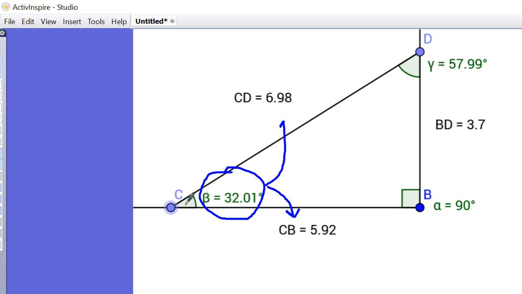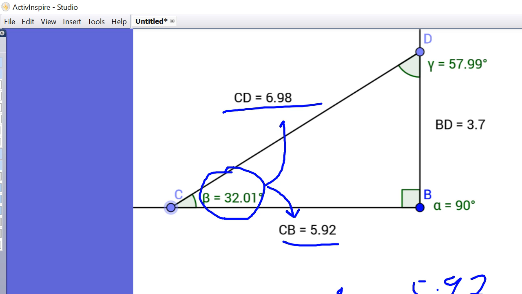But cos from 32 degrees is always going to have a ratio of 5.92 on 6.98. And that is the adjacent side on the hypotenuse.